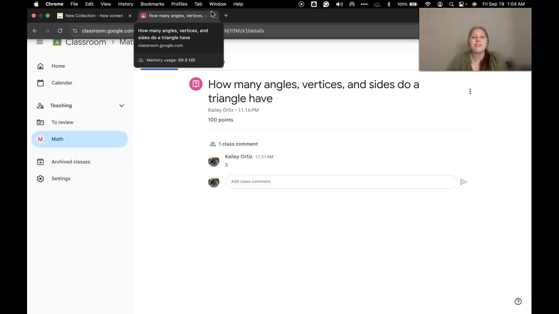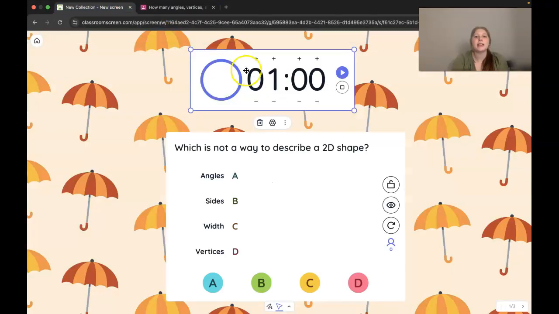Okay, I see that everyone has typed in their comments. Everyone got time to share with their partners, and I checked in with everybody. So now I want you to tell me which is not a way to describe a two-dimensional shape. So remember, which one is not? We did not use this way to find out what two-dimensional shape we talked about.